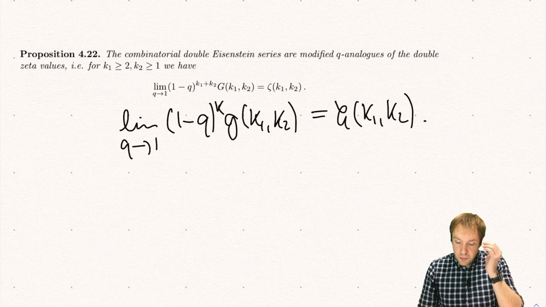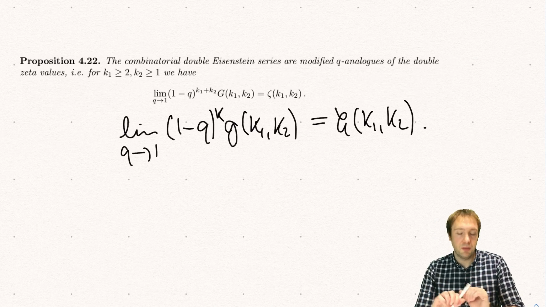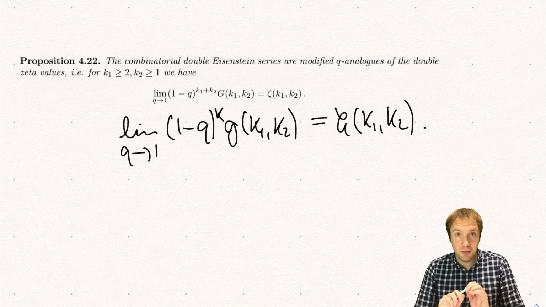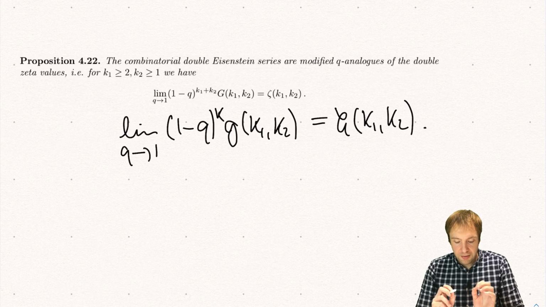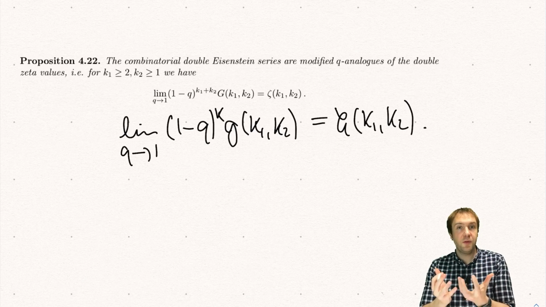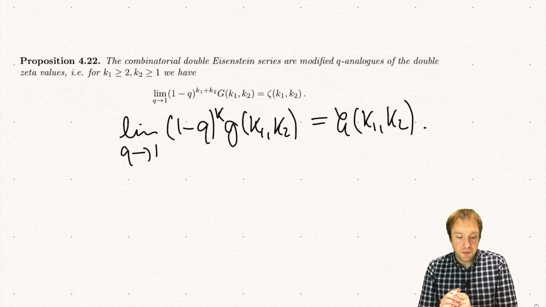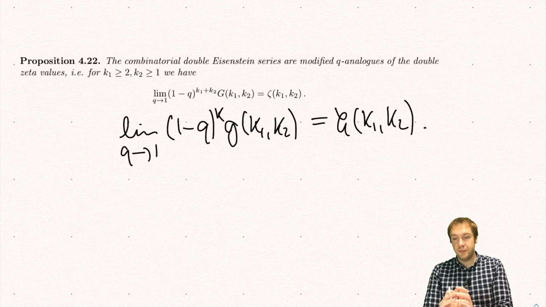And now we can use this to explain why there are relations among double zeta values, zeta odd, coming from cusp forms, because we also learned that modular forms are also modified q-analogs of their constant terms, and cusp forms have zero constant term. Therefore, if I start with a cusp form, then we know that any cusp form is a modular form, and any modular form can be written as products of Eisenstein series, and of just two products.